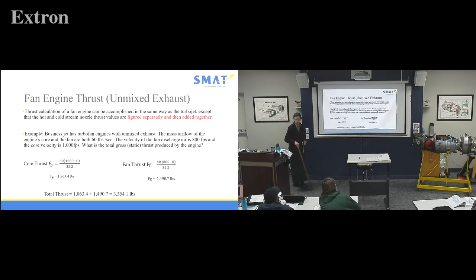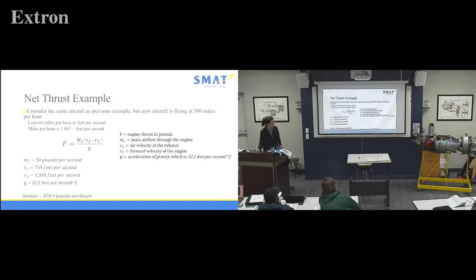Them together for our total thrust. So back to this one. Anyone think of something that we're not factoring in when we're moving through the air and we're just calculating thrust out to net? Drag and our ram effect.